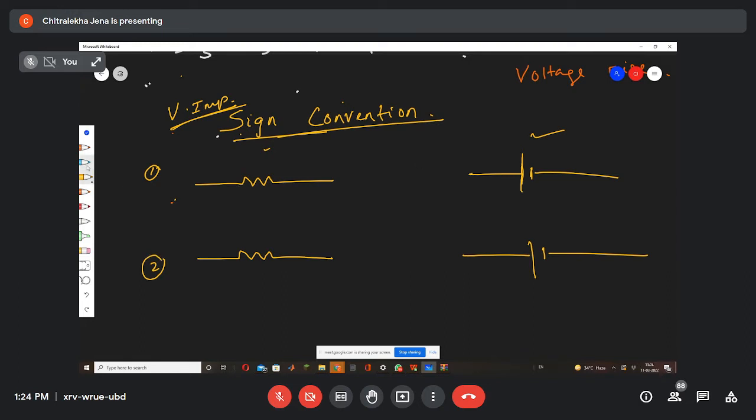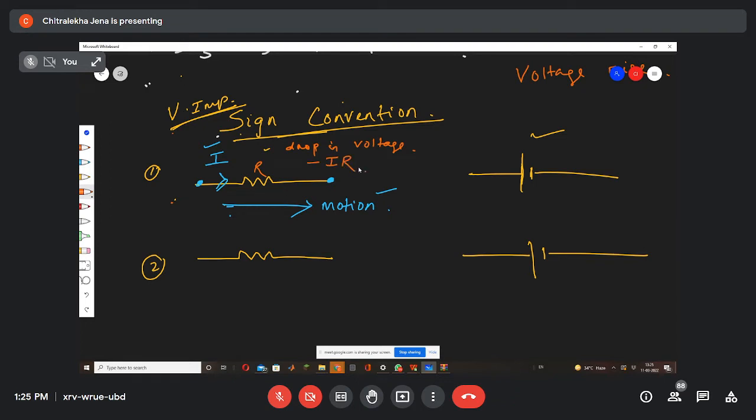While traveling in a circuit and writing Kirchhoff's voltage law equations, if you are traveling in the same direction as the current, then you take it as a drop in potential or voltage, and you take it as minus IR.